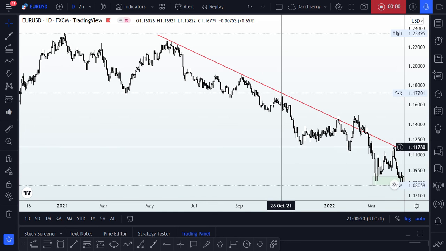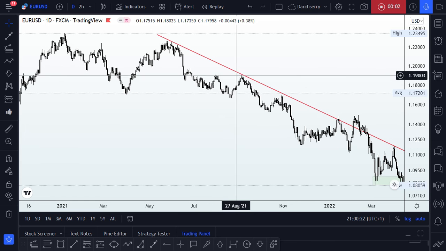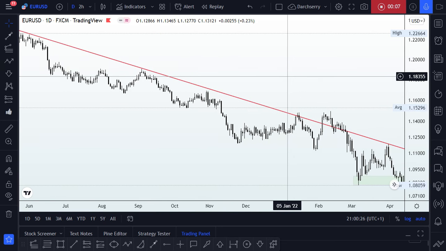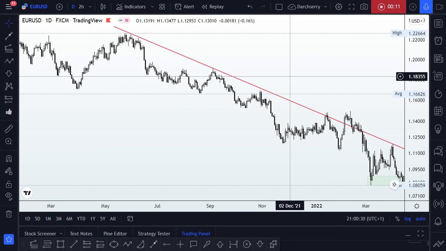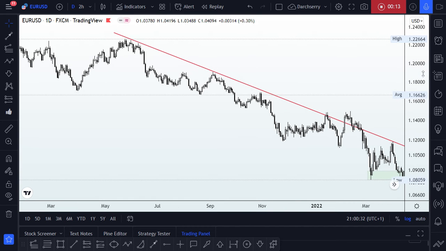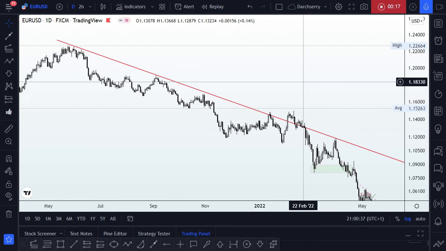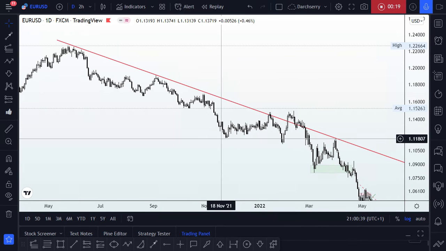It is interesting to note here that we have a similar scenario to that which we had on the New Zealand USD, on the Euro USD. As a matter of fact, what I notice is that most of the major peers, that is the USD peers, have this same setup at this point in the market.